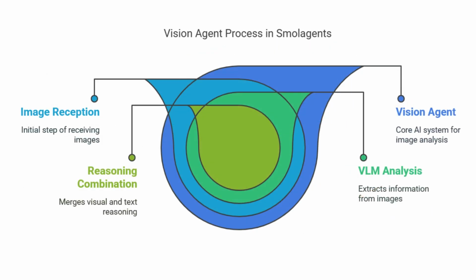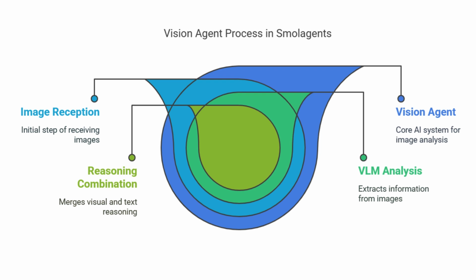Now that we understand what VLMs do, let's look at how vision agents use them in real-world applications. A vision agent is an AI system that can analyze images and extract meaningful information. It can recognize objects, patterns, and even text within images, and combine visual and text-based reasoning to generate useful insights.